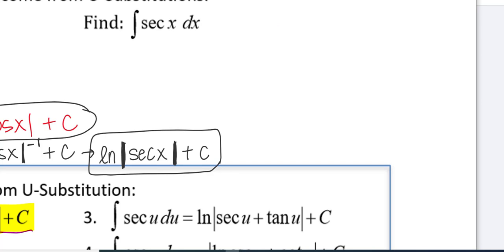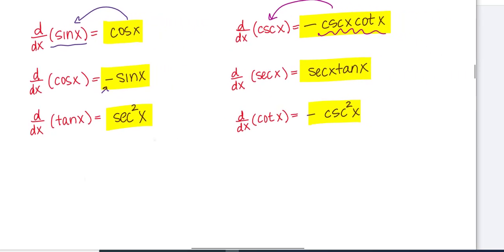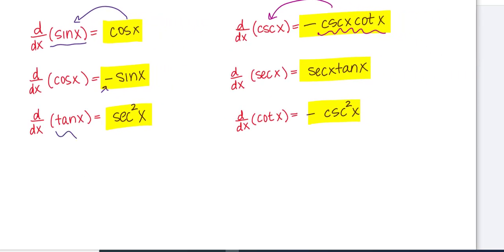Now, I just got done saying how related secants and tangents are. So let me go over to their derivatives real quick here. So derivative of tangent being secant squared, and derivative of that secant of x is secant x tangent x.